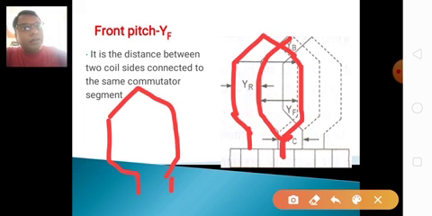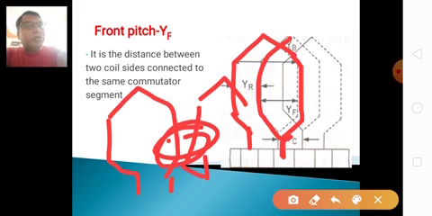So the difference between these two coil sides, this and this, is known as front pitch.